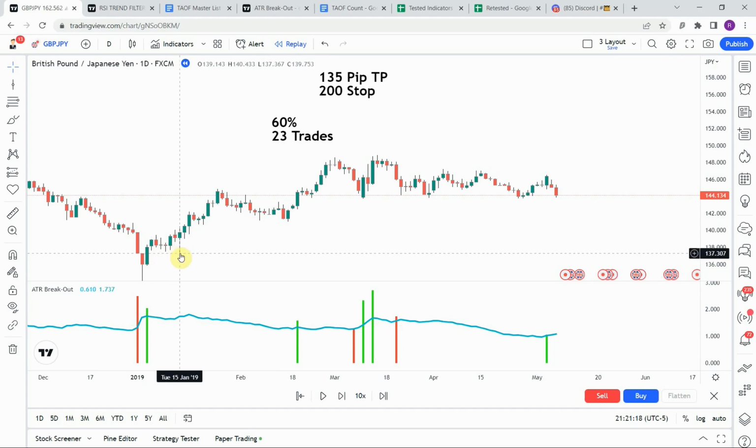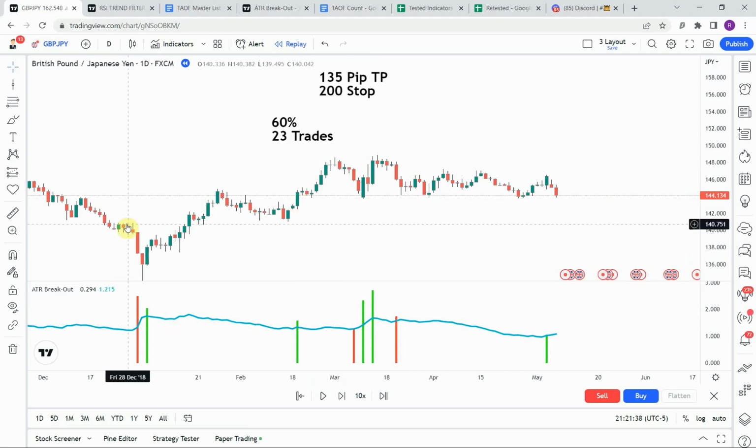And the theory, one of the theories that I've heard before, is that when we get a breakout of the ATR, or if a candle is kind of larger than the ATR, then you shouldn't take trades on it. But what I've found is the opposite.